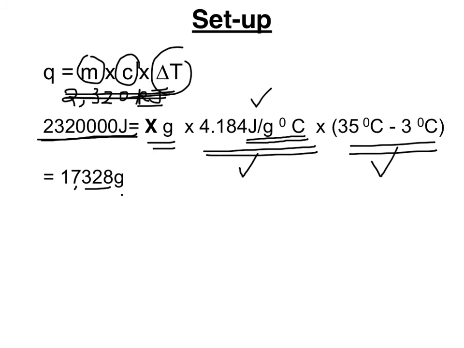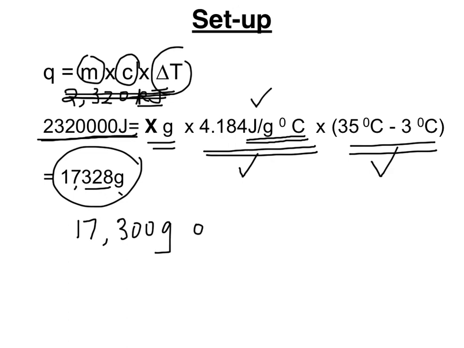The final thing we're going to want to do is adjust our numbers for having the proper sig figs. So our number we're going to reduce to having 3 sig figs, so this becomes 17,300 grams, or you can put that in scientific notation as 1.73 times 10 to the 4th grams.